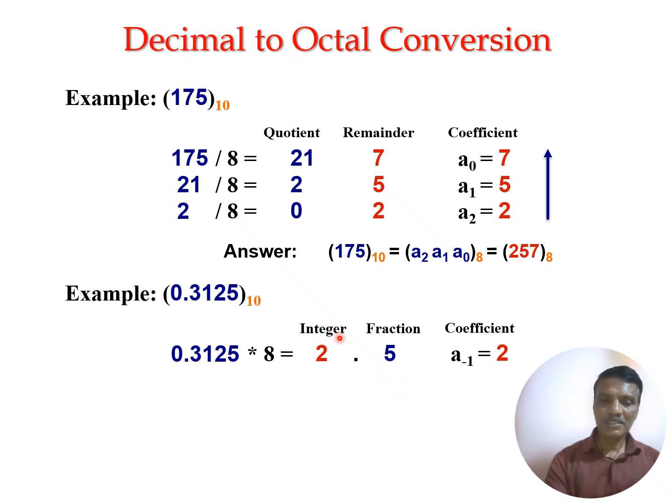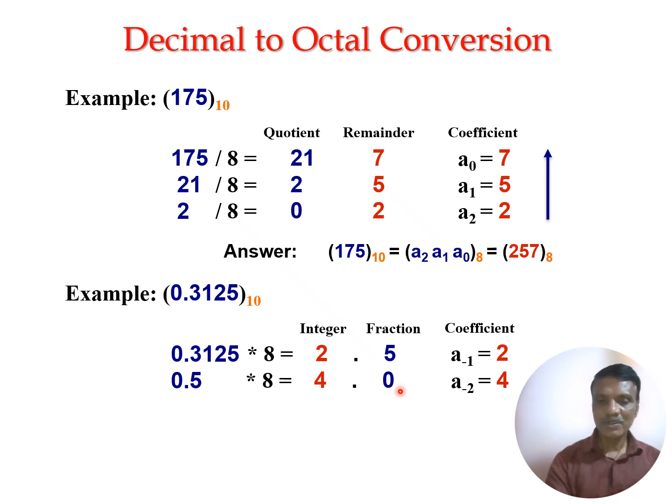So 2 is the integer value; we take it as a coefficient, and the fractional part is 0.5. Again we need to multiply with 8. 0.5 into 8 is equal to 4.0. So 4 is the next coefficient, and the fractional value is 0.